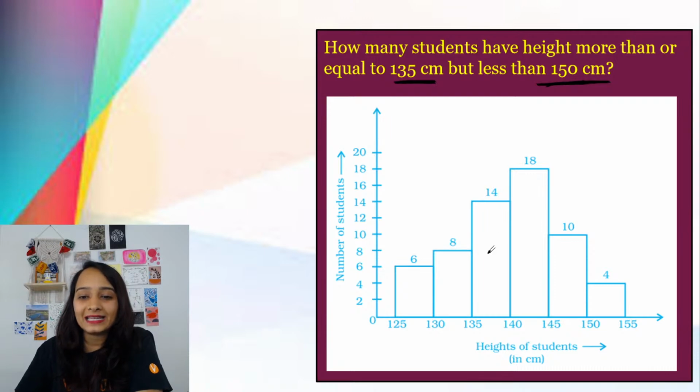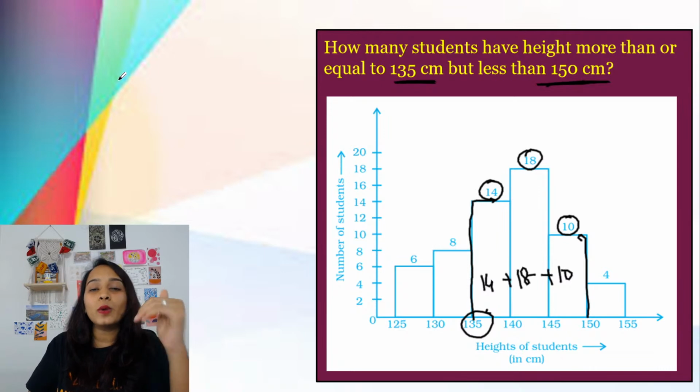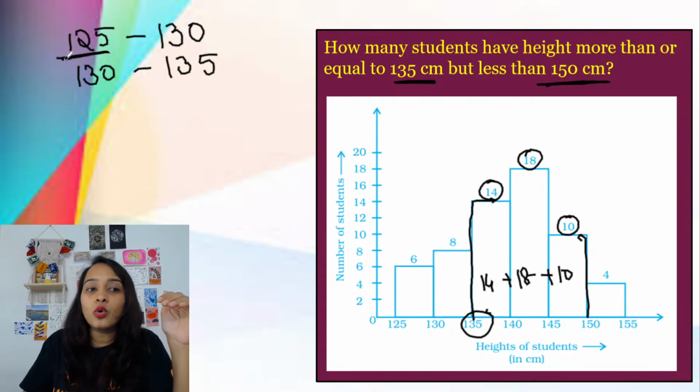42. Exactly. Why? Because we have to count everything which is greater than 135, including 135. And so it is 14 plus 18 plus 10, because we want it to be less than 150. So guys, whenever we have a limit like this, continuous data like this, 130 to 135, when you are counting, this is the lower limit.